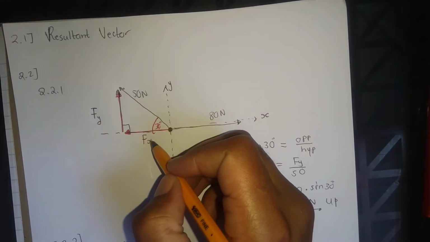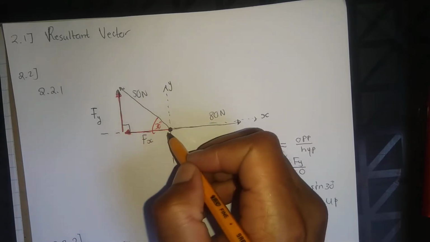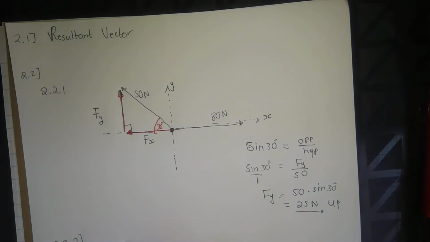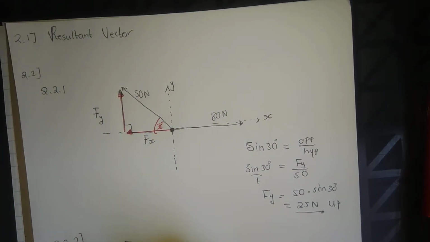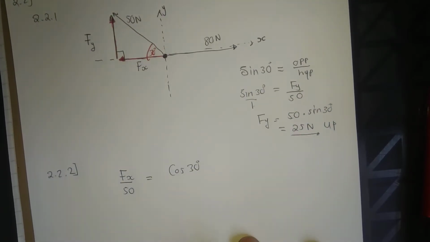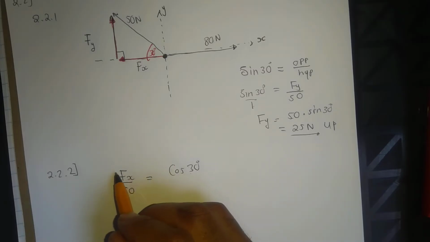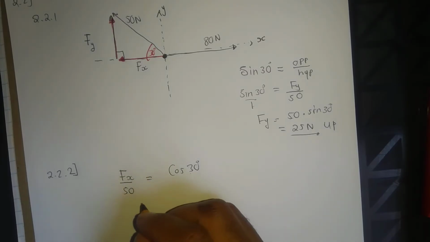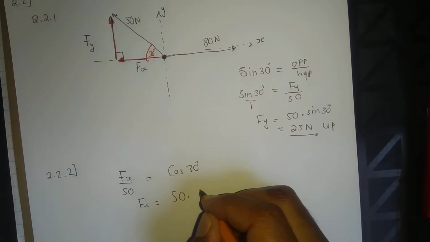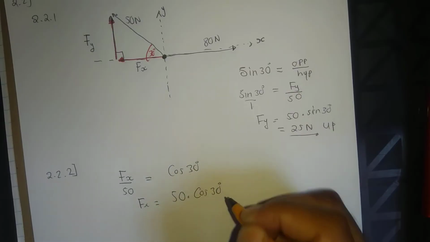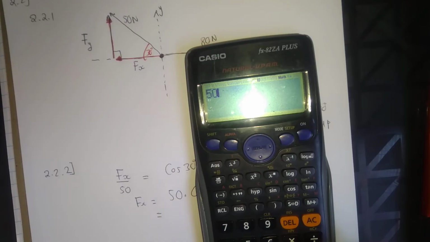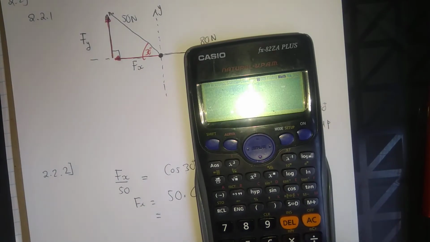So which trigonometric ratio involves the horizontal, the adjacent, and the hypotenuse? It's cos. Cos 30 degrees is equal to adjacent over hypotenuse. So Fx, cross multiplying, is 50 times cos 30 degrees.